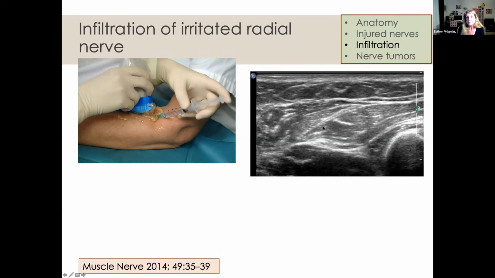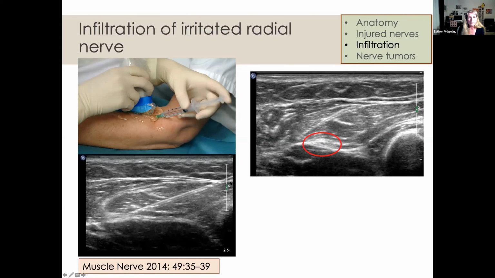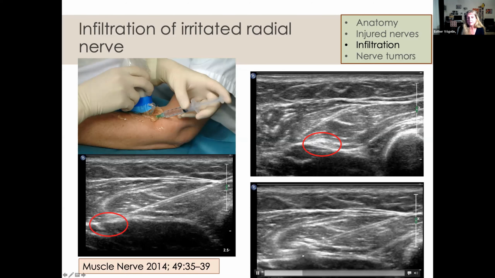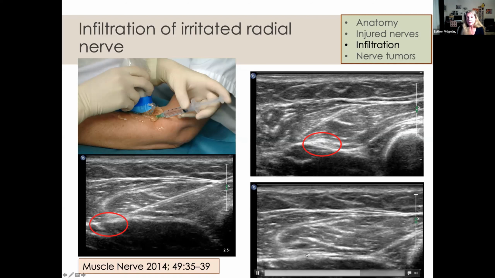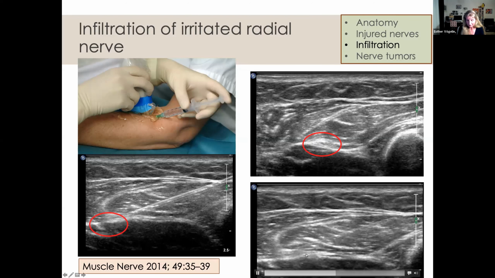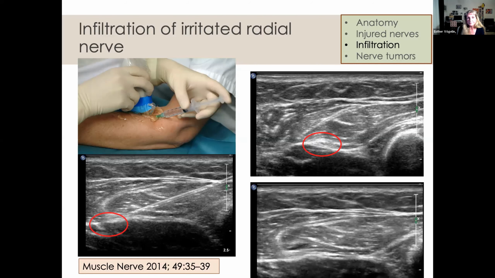You see here, this is the extensor muscle, the radial head, here the supinator muscle. And here actually lies the posterior interosseous nerve. You can put your needle under sonographic control, and you can also then infiltrate your local anesthetic under sonographic control, and you get the local anesthetic there where you want it.